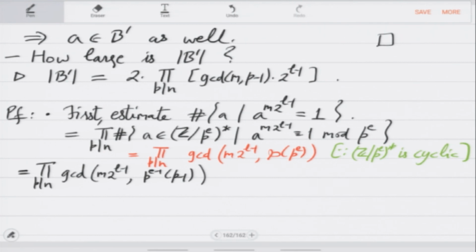Well, P is co-prime to both M and 2, so this can be dropped. P raised to E minus 1 can be dropped first.